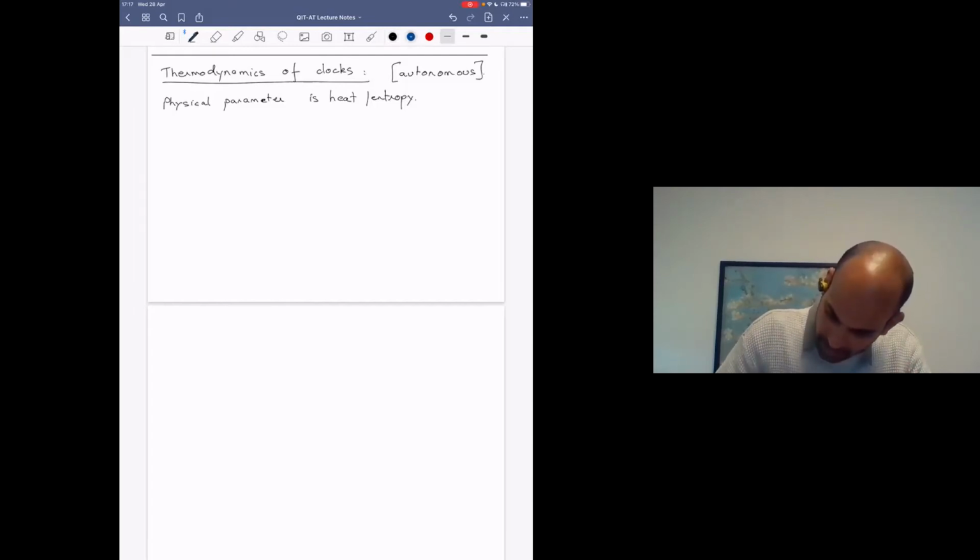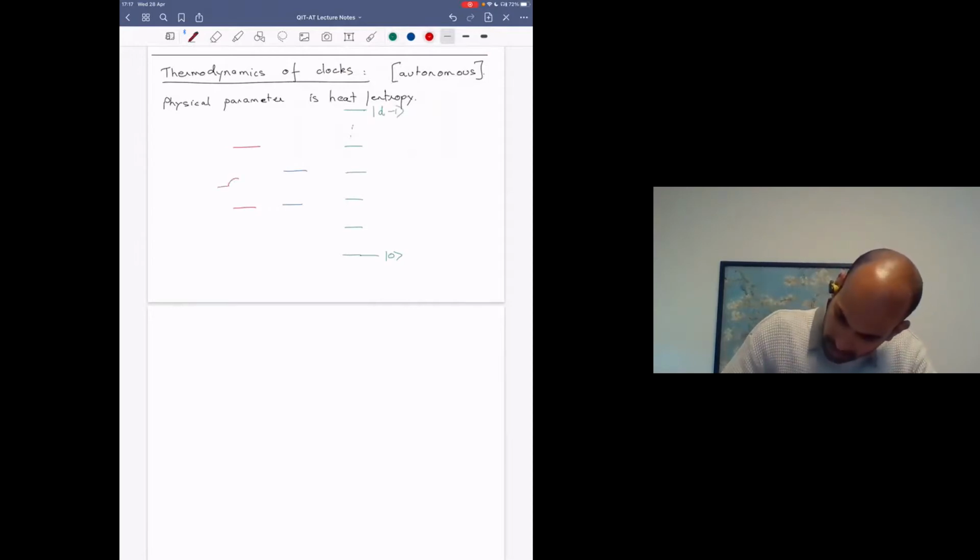So remember what the heat engine was. Let's see, we had a cold qubit, you have a hot qubit, and you have a ladder. So let's call this 0. And then there's a D minus 1.